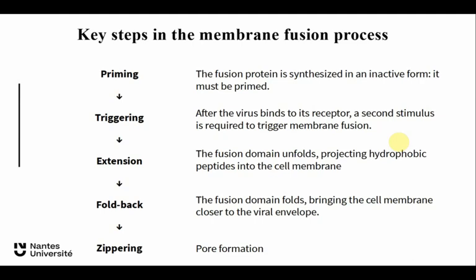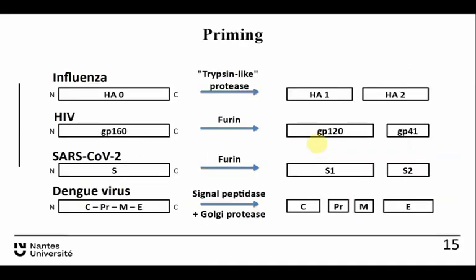That would cause a huge problem. So for effective release, they have to be primed first. They're synthesized in an inactive form, and then they're primed. Then after the virus binds to its receptor, there's a second stimulus which is required to trigger the membrane fusion. You get extension, then fold back, then zippering. So all of these fusion domains work like this.